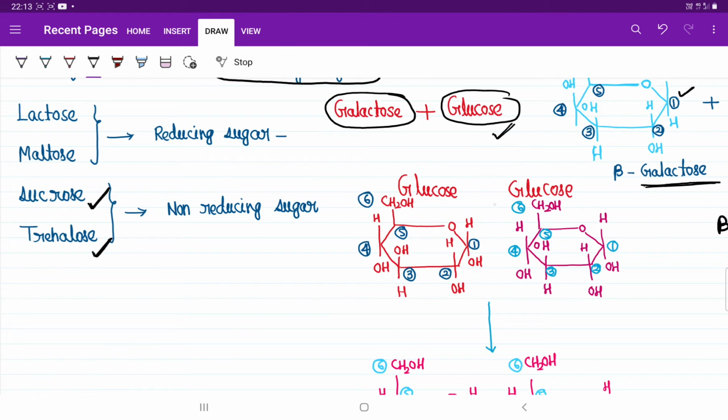Now you see the case of maltose. In maltose, the first carbon of one glucose reacts with the fourth carbon of another glucose. The aldehyde group is present at the first carbon, so maybe this glucose is alpha glucose. This glucose first carbon is participating in formation of the glycosidic bond, and in the second one the fourth carbon is participating, yes or no? So the bond formed here is called an alpha 1,4 glycosidic bond.